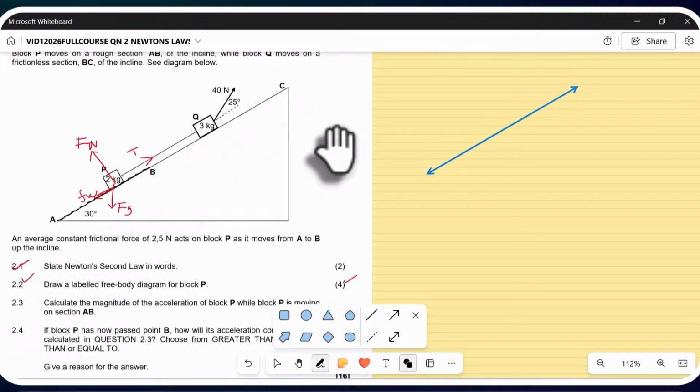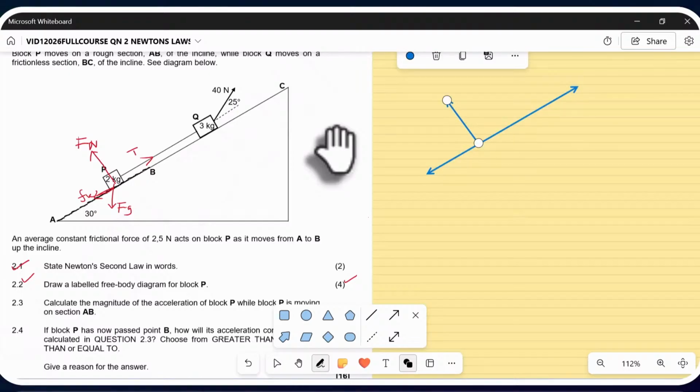which is normal to the surface, which is perpendicular to the surface like this. As you can see from my drawing, it is almost 90 degrees, almost perpendicular, right? So that's how it looks there. And then now we have the weight, which is vertically downwards.